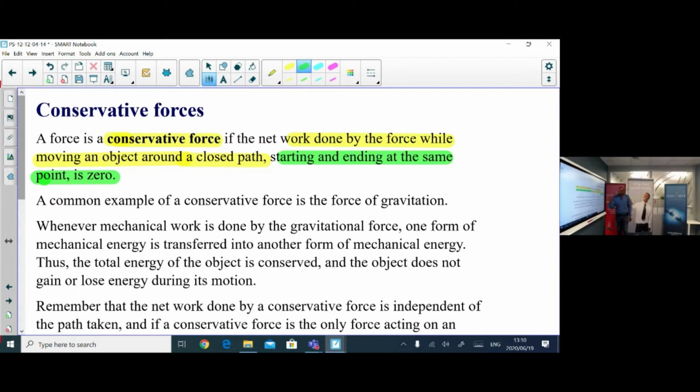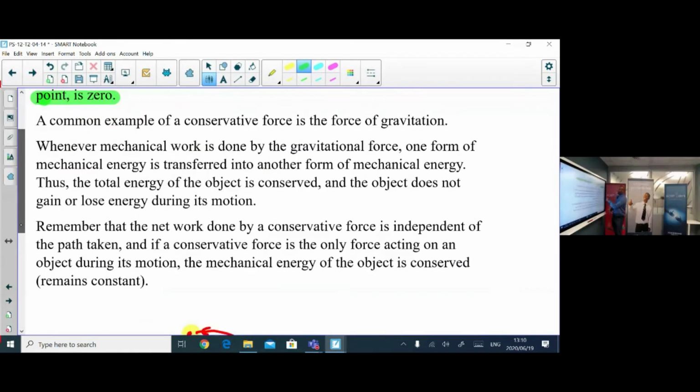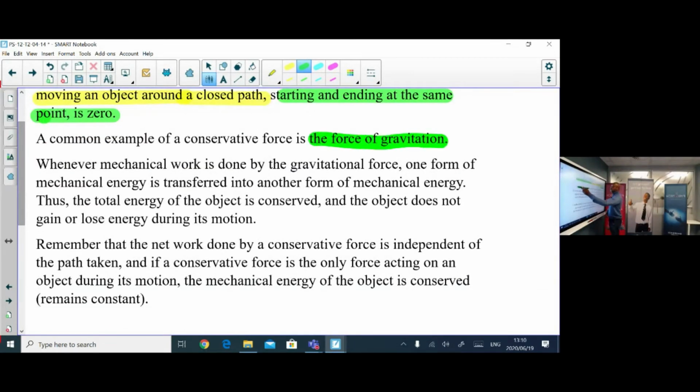Okay, a common example of a conservative force is the force of gravitation. When you come across a conservative force, you must know that we are talking about the force of gravitation. If I hold this pen here, it's only gravity, the only one force acting here.